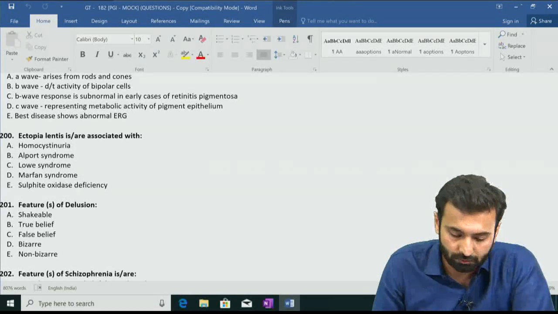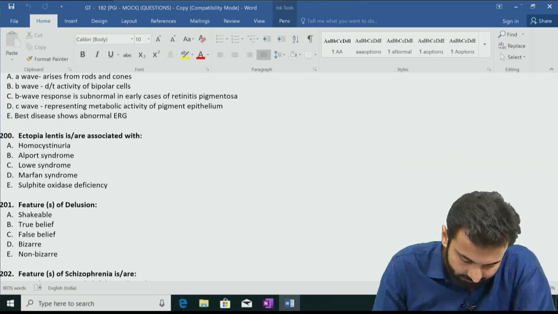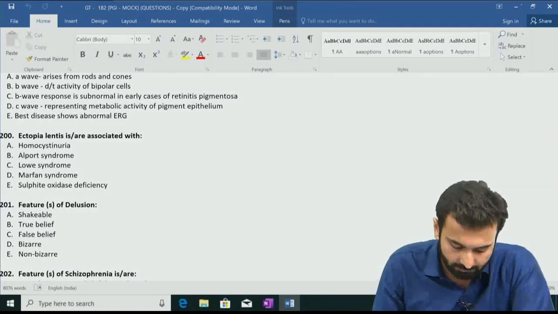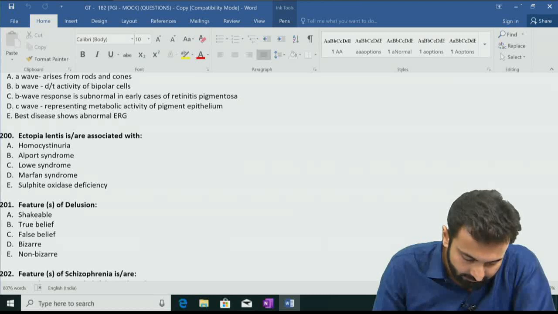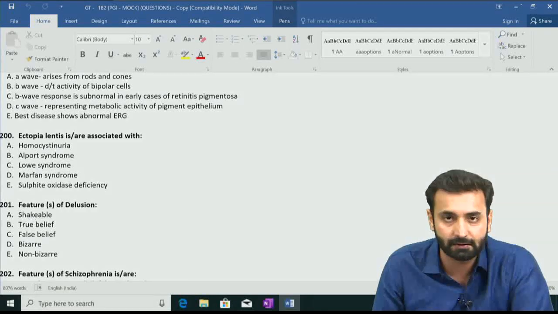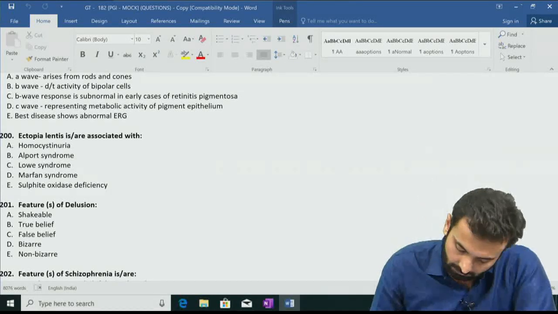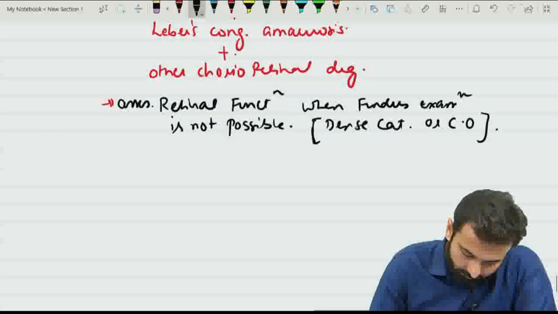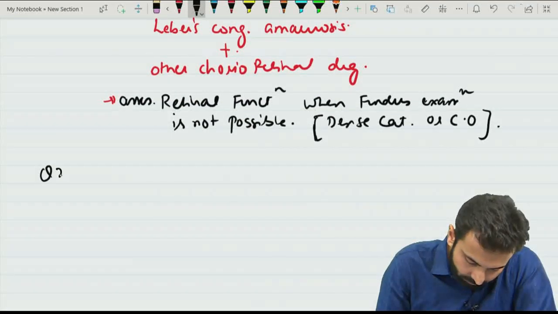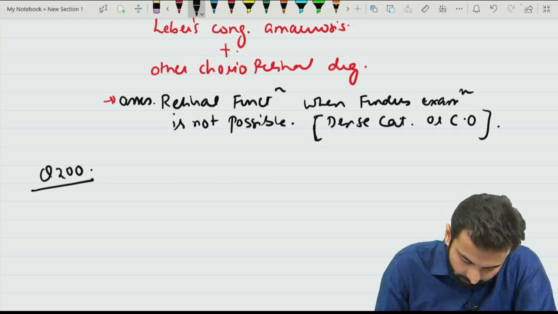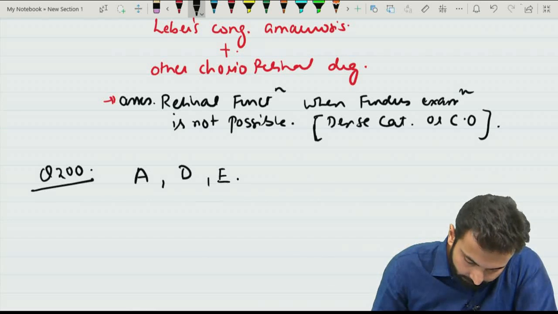Option C, Lowe syndrome: this is also false. Option D is Marfan syndrome: yes, this is true. And E is sulfite oxidase deficiency, which we have also discussed. So the correct options for question number 200 are A, D, and E, sulfite oxidase deficiency.